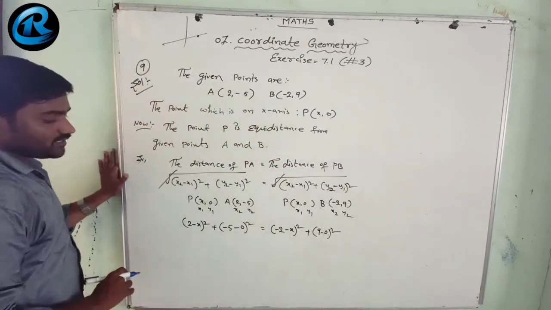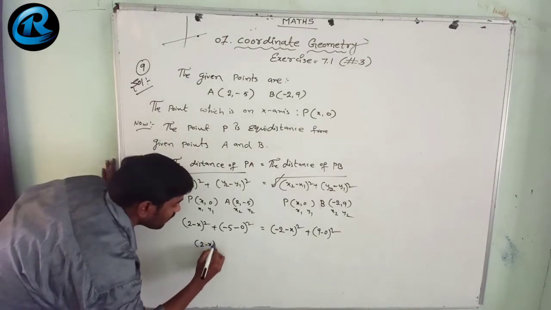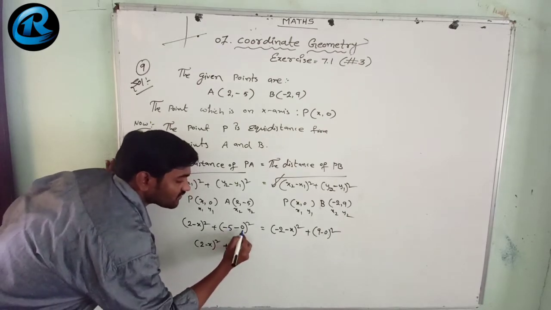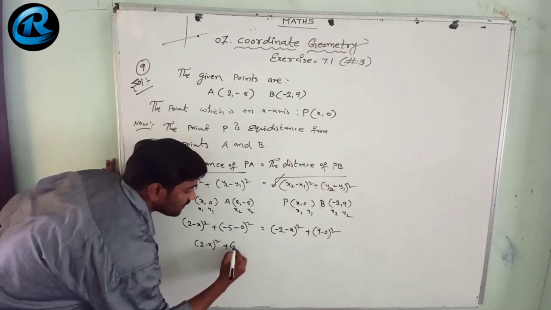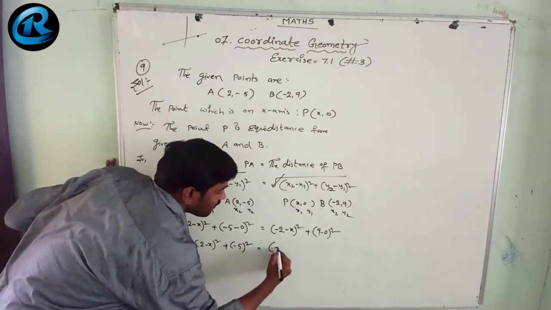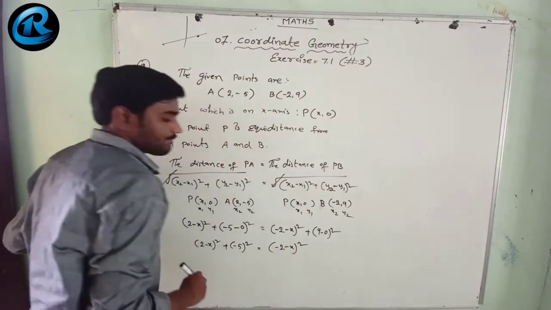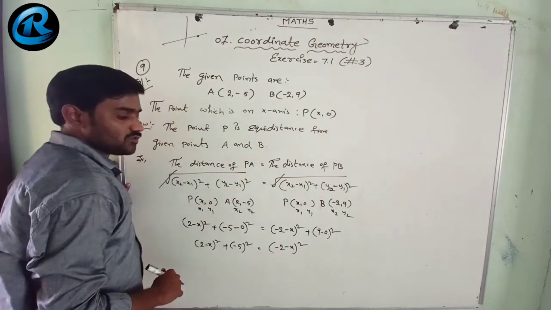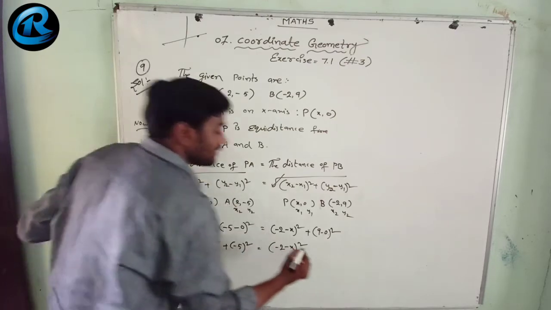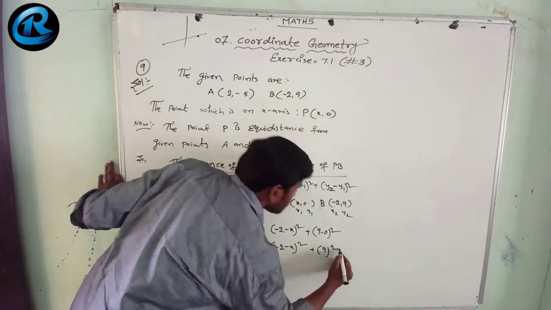Now what can we do? We get 2 minus x whole square plus minus 5 minus 0, nothing but minus 5 whole square, equal to minus 2 minus x whole square plus 9 whole square.